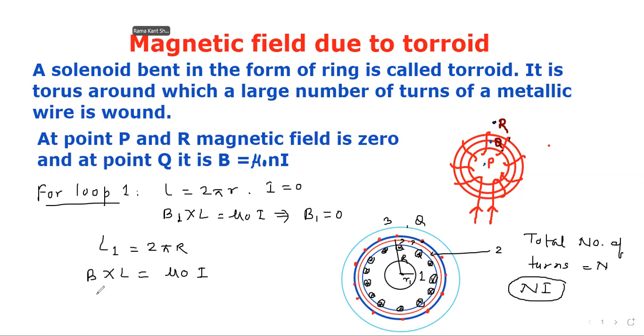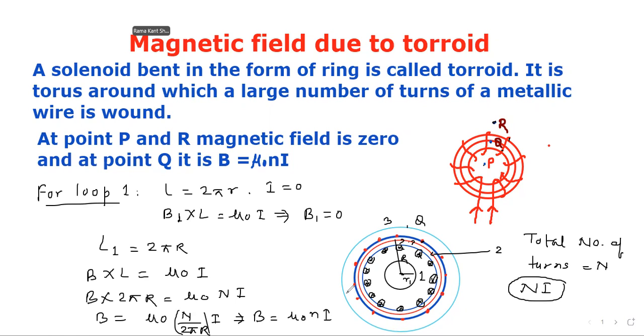So B times L1, that is 2 pi R, equal to mu naught N I, or B equal to mu naught N divided by 2 pi R times I. But N upon 2 pi R is the number of turns per unit length, so we can write B equal to mu naught small n I.